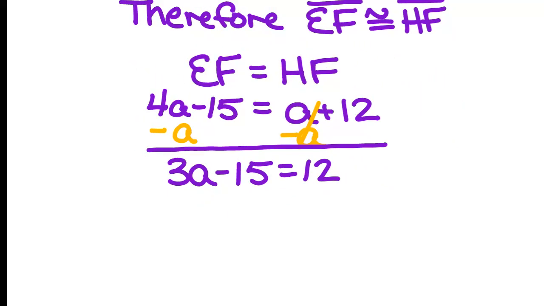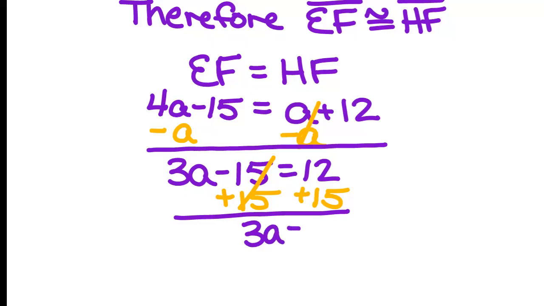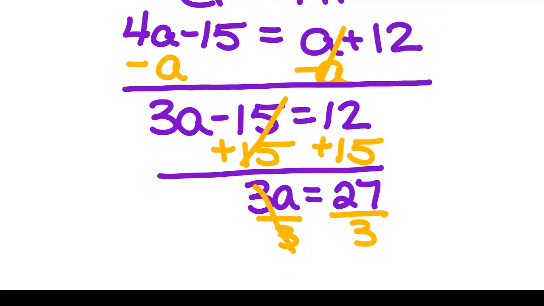So 3A minus 15 equals 12. Then we're going to make the 15 cancel out by adding 15 to both sides. 3A equals 27. Then we divide both sides by 3, and A equals 9, yes.